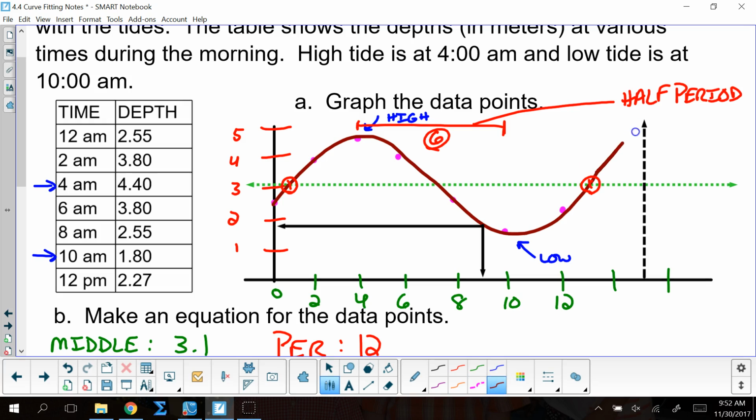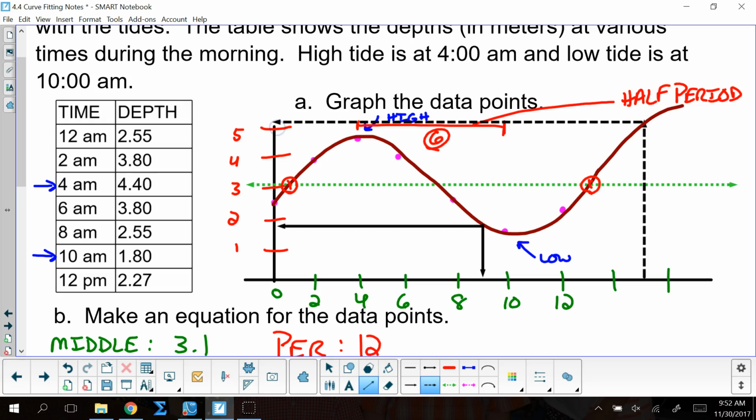It should be somewhere in there, right? Which would be a little bit over 4, yeah. I didn't really do a very good job with my curve over there because I didn't have data points over there. Okay? But I'm close.